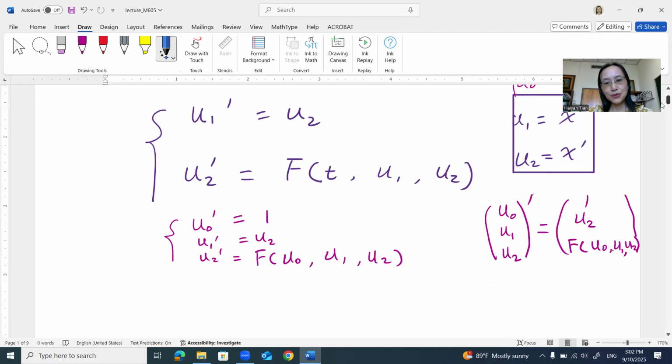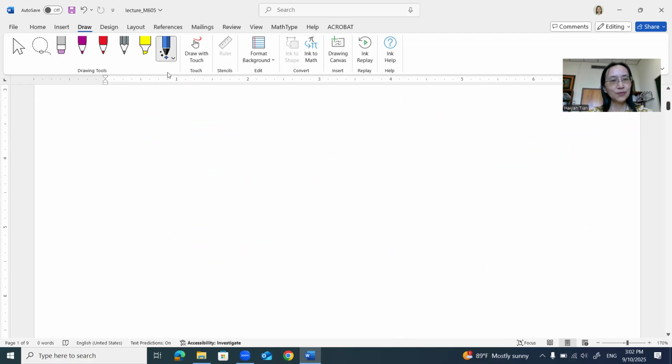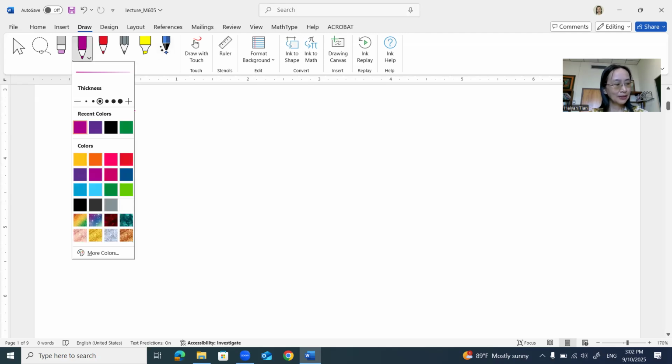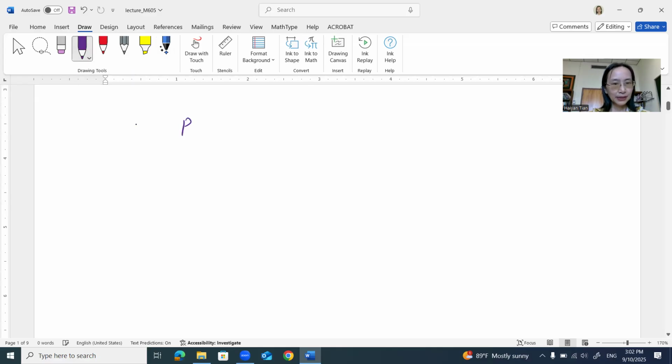So from this example, you can quickly apply the technique and reduce even a k-th order case. Let's assume we have a k-th order equation and we hope to reduce this single equation of k-th order.